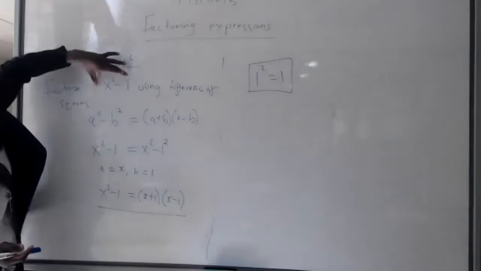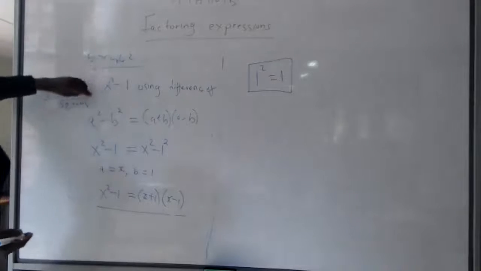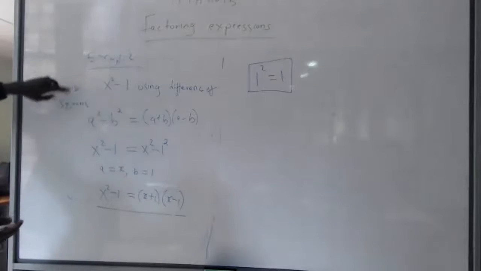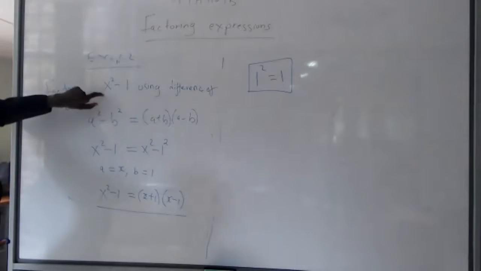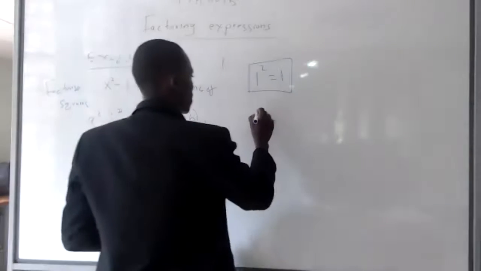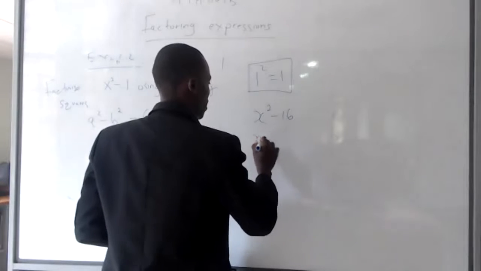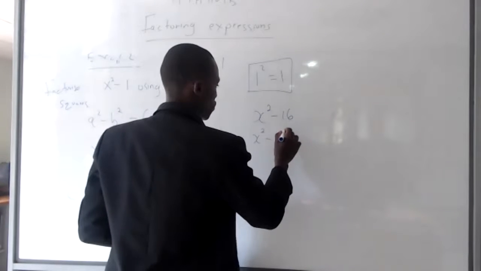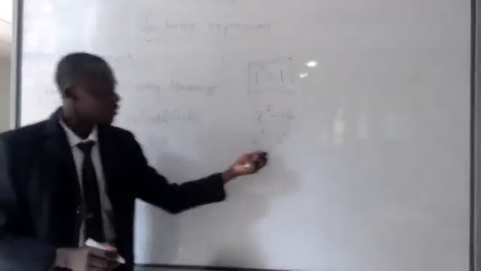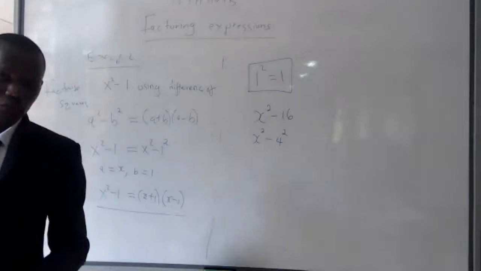So I first start by writing the expression as a difference of two squares. The first term must be a square, the second must also be a square. That is why if I give you something like x squared minus 16, you must write it as x squared minus 4 squared, so that you are taking a difference of squares.